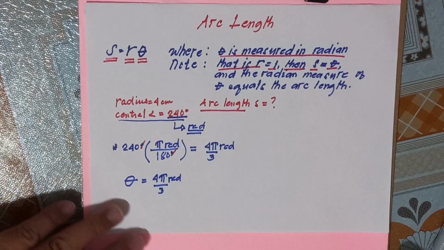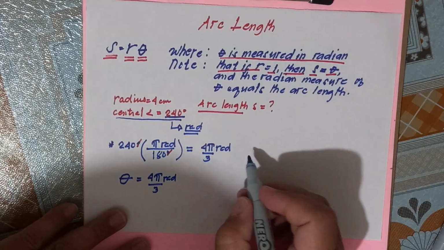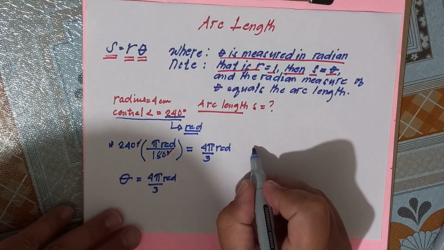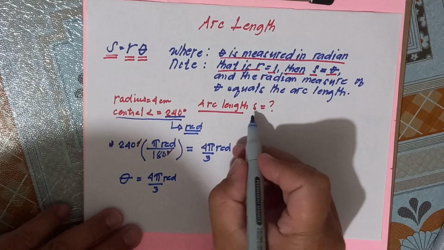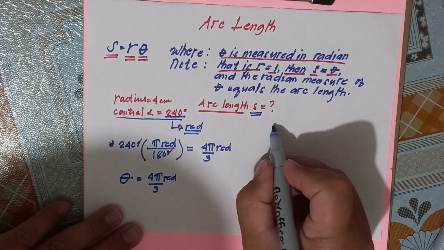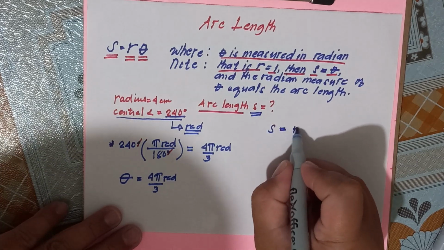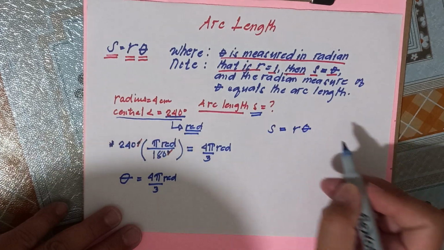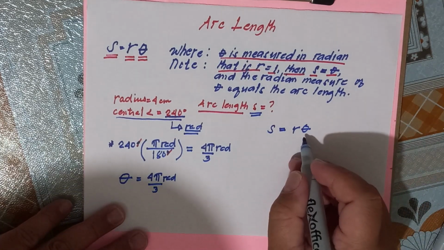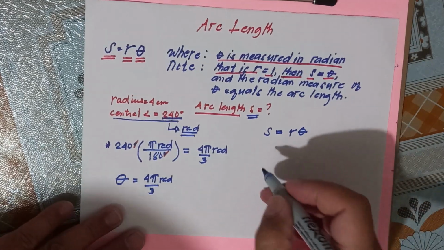After that, we can now solve for the arc length, which is represented by the S. And so what is S? S is r multiplied by angle theta, the central angle 240 degrees which is reduced to radian.